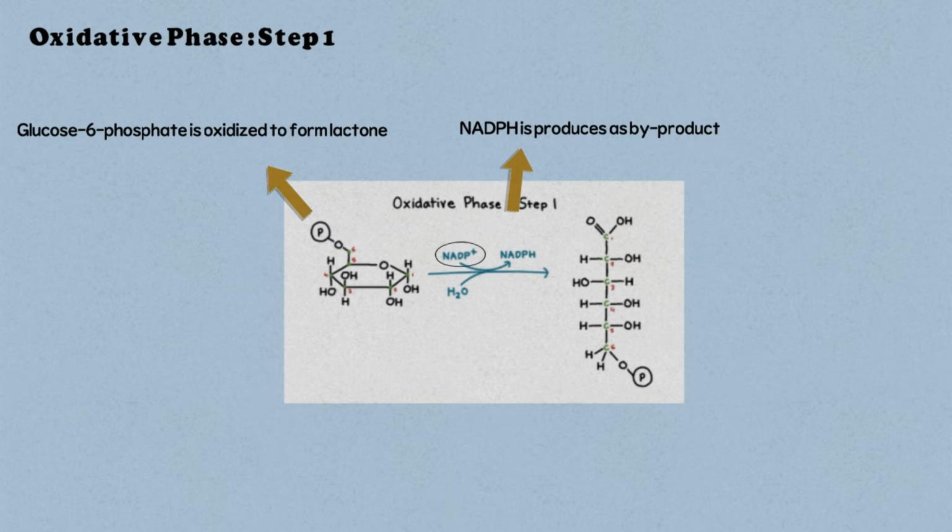NADP plus is reduced to NADPH in the process of oxidation of glucose 6-phosphate. The water is used to form 6-phosphogluconate, and the lactone intermediate is 6-phosphogluconolactone.